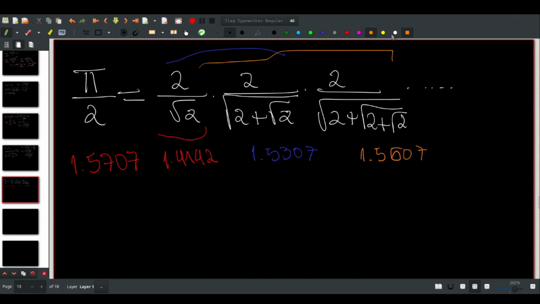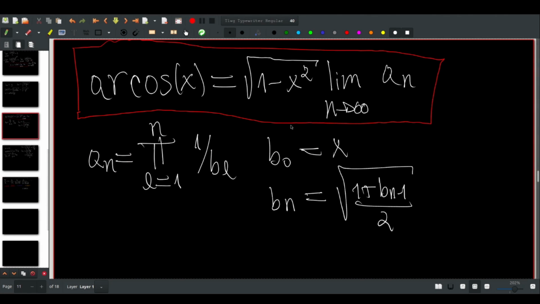And the next term in the sequence, which I didn't write, is actually 1.5701. So okay, it's clearly approaching our limit. Well, of course we know it converges because we just proved that this limit is true.